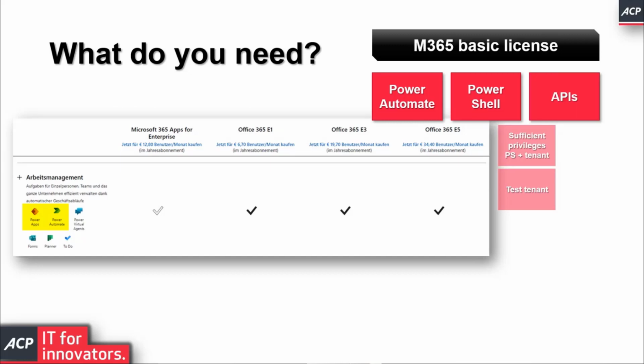And covered with a basic license as well is your access to APIs. Mainly, I'll be talking today about Graph API and SharePoint API, and both of these APIs can be sort of sorted out or called with a basic licensing. Again, make sure that you have sufficient privileges in the test tenant to try out API calls before that.